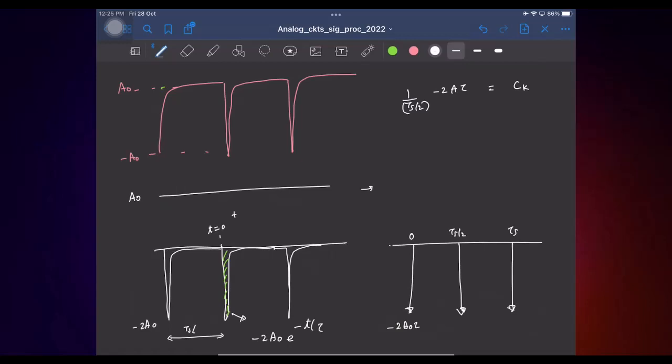So if I were to find H0 hat of 0, that is basically the DC term in this waveform. The DC term of this is basically the sum of the DC here. What is that? A0, and then this is A0, okay? Minus 4A0. What about H1 hat of 0?